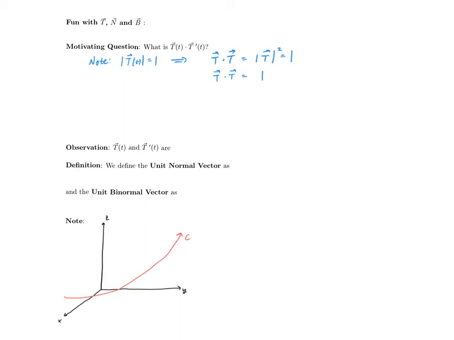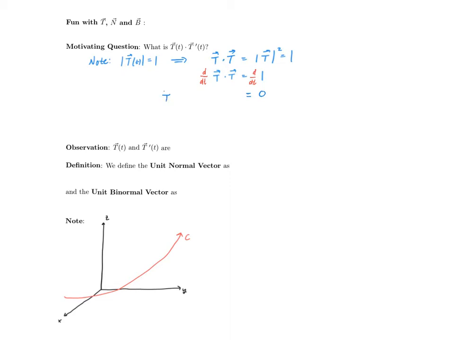Now, we don't want to know T dotted with T. We want T dotted with T prime. So somehow we need to introduce a derivative. We'll differentiate both sides with respect to t. The right-hand side works out most efficiently: we get back 0. On the left-hand side, we need one of our product rules for differentiation.